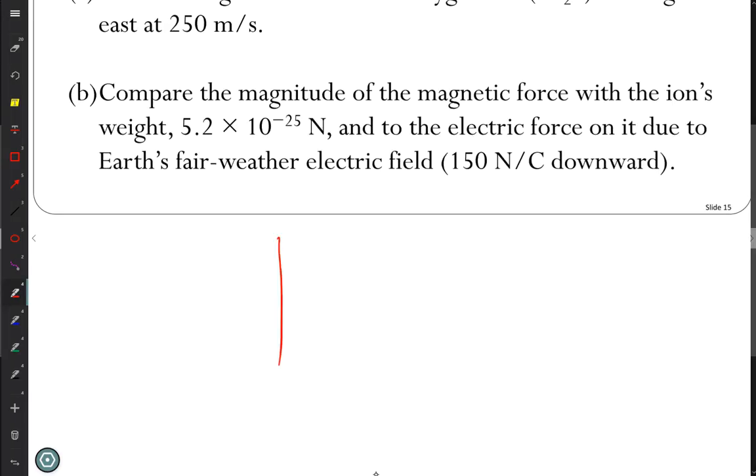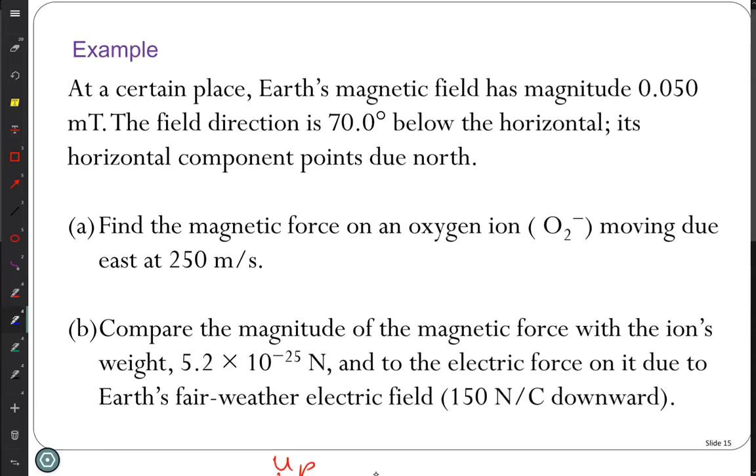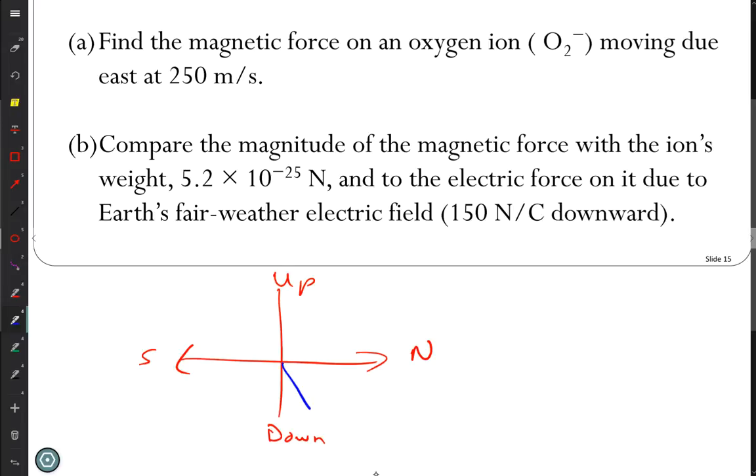So if we make a picture, here is north, here is down, here is up. Then it tells us the magnetic field is 70 degrees below horizontal. So there's the magnetic field in this region.